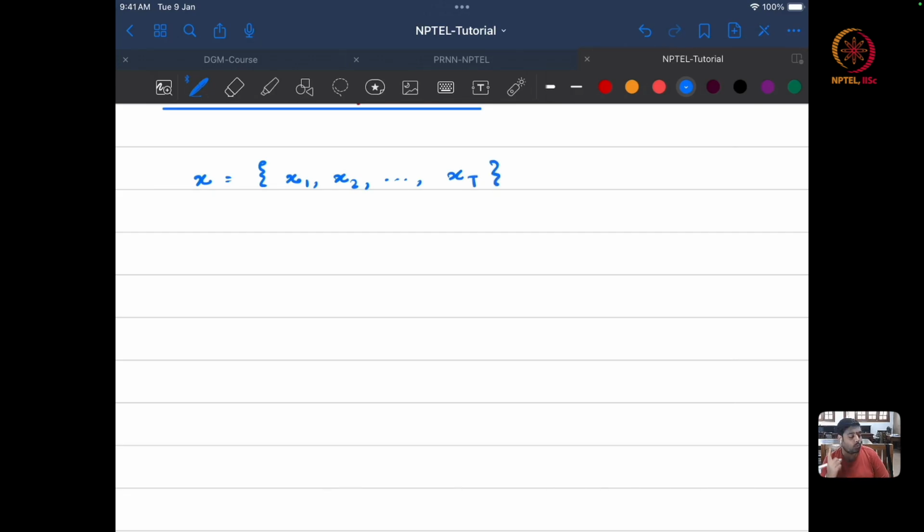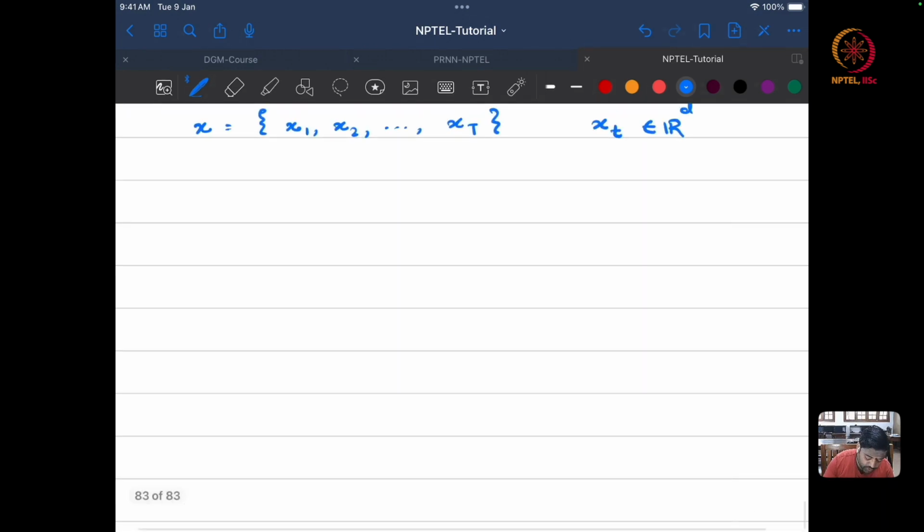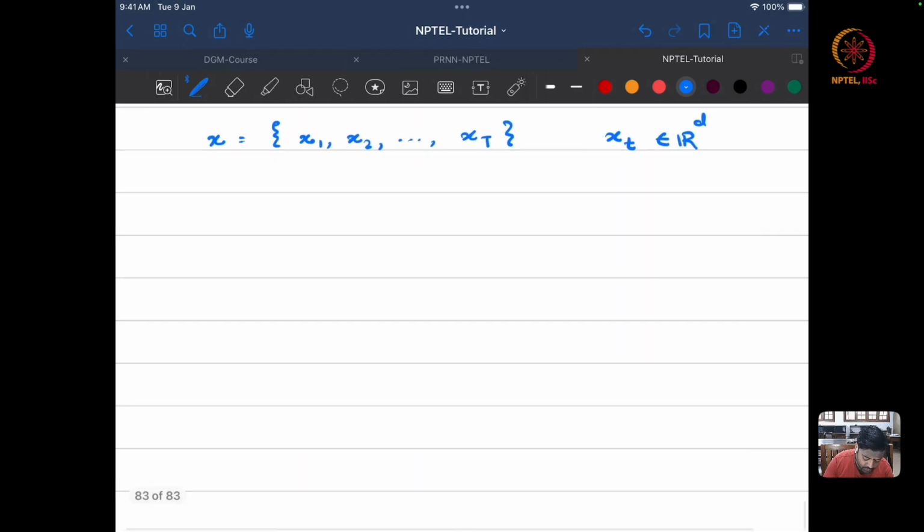And please remember, this is one given example, so we're not putting an i and making more clutter in the notations. Now here at any time step t, x_t belongs to R^D. And always we'll be putting in batches, so the batch size.